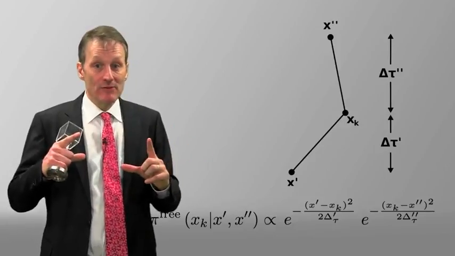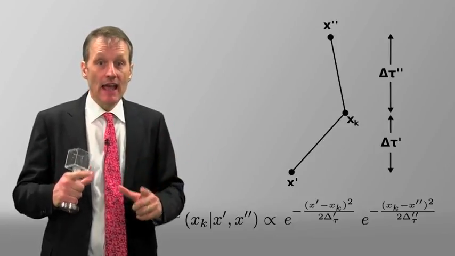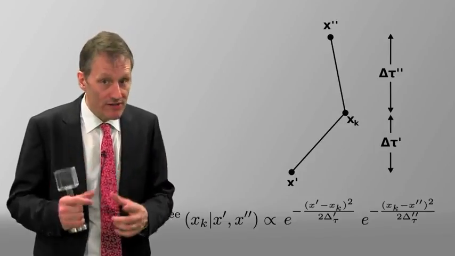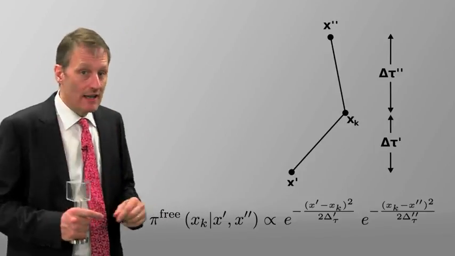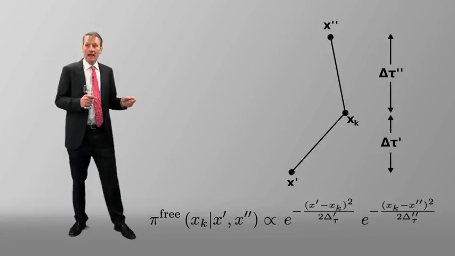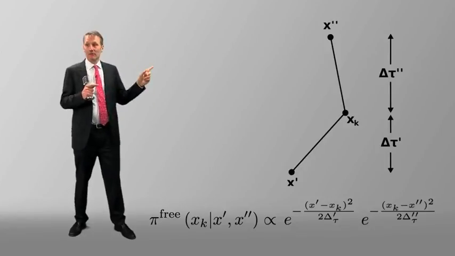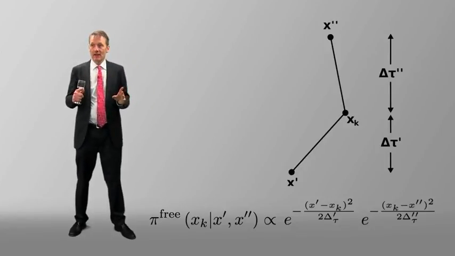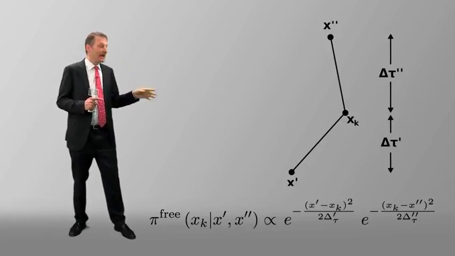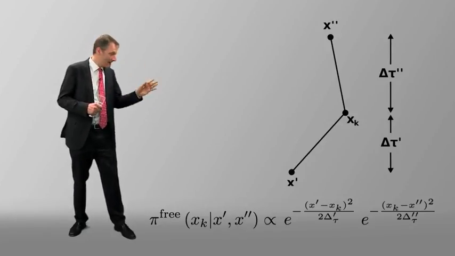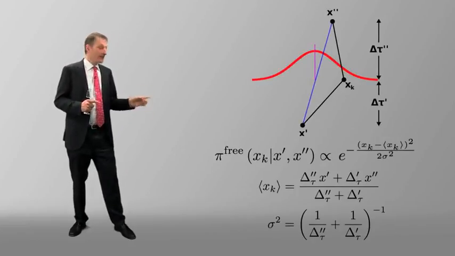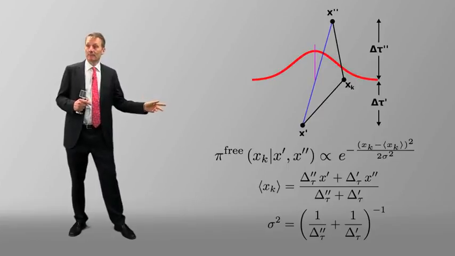Both these density matrices are Gaussians, and their product is also a Gaussian. Noticing that in this distribution xk is the variable and x prime and x double prime are fixed, we find that the probability distribution pi of xk given x prime and x double prime is a Gaussian with mean value and variance as shown here.